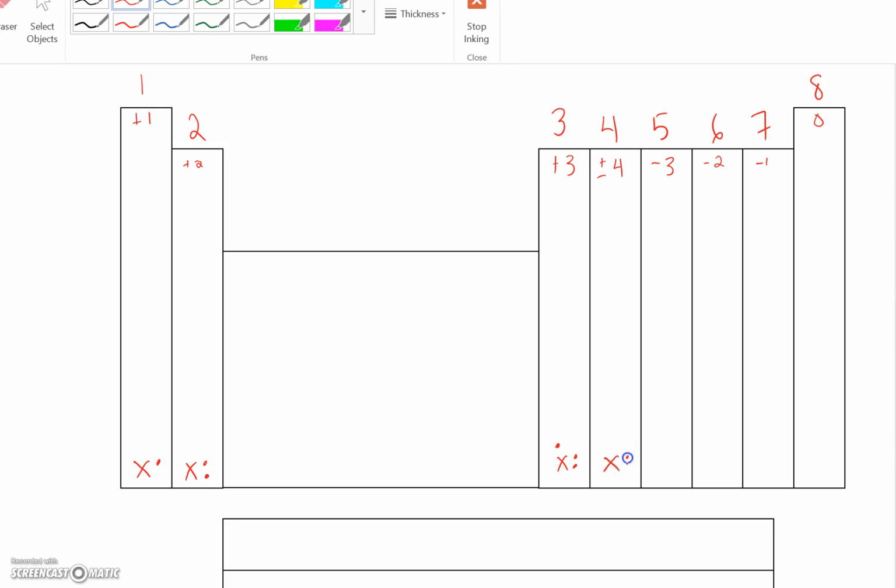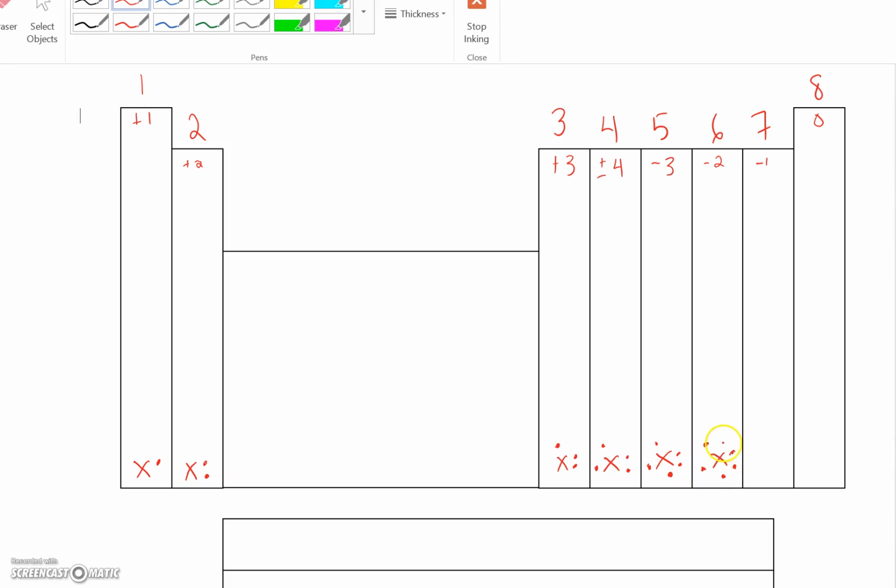And then we're going to do 1, 2, 3, and 4. And again, it wouldn't matter as long as those are separate, which is just like we're filling in the p orbitals. Hey, where did my electron go? Come back. And then 5 would be 1, 2, 3, 4, 5. 6 would be 1, 2, 3, 4, 5, and then we're going to start doubling up.